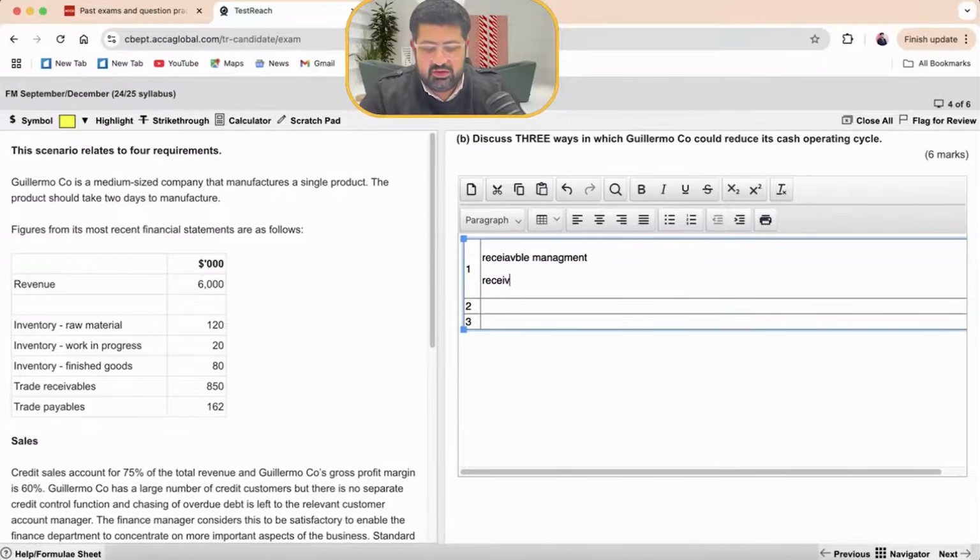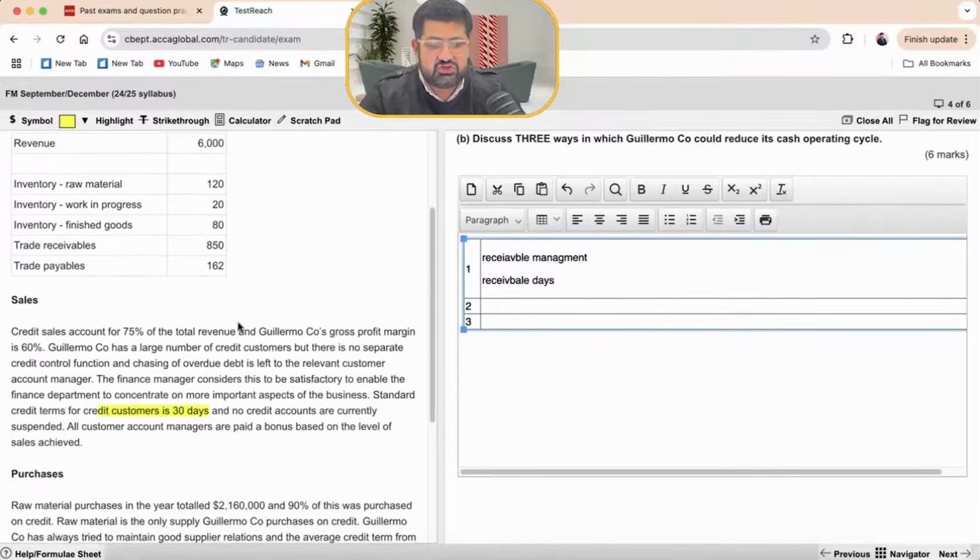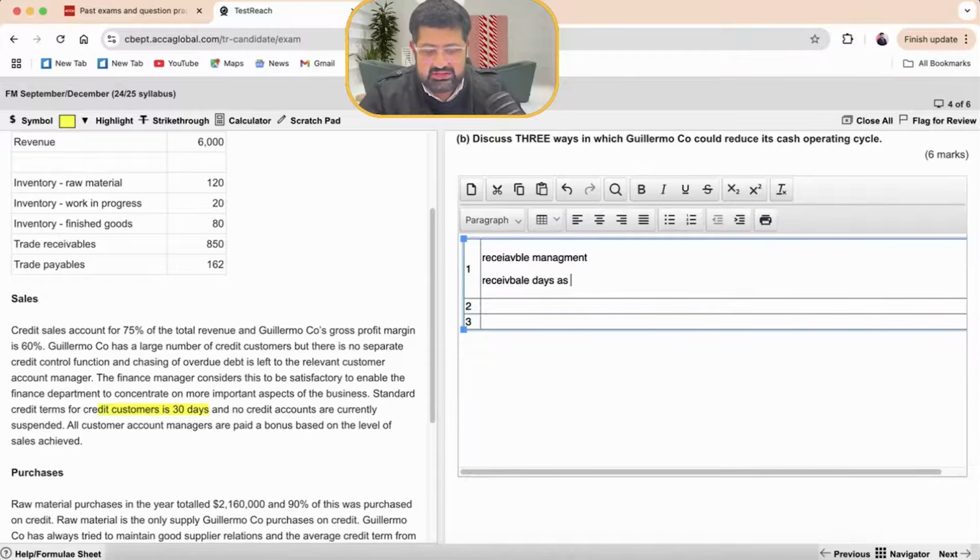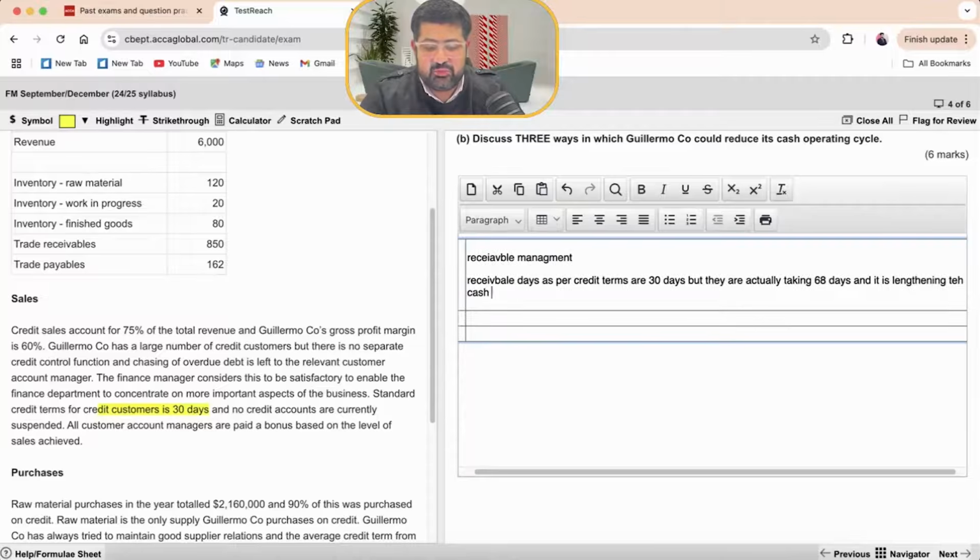So receivable days, which are actually as per credit terms, are 30 days, but they are actually taking 68 days, and it is lengthening the cash operating cycle too much.